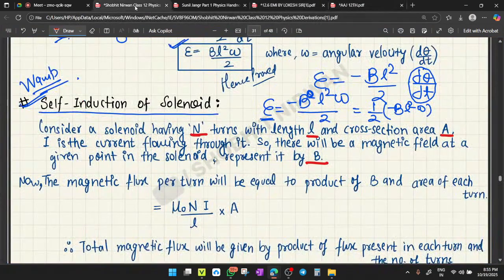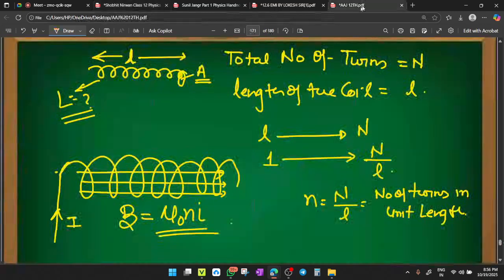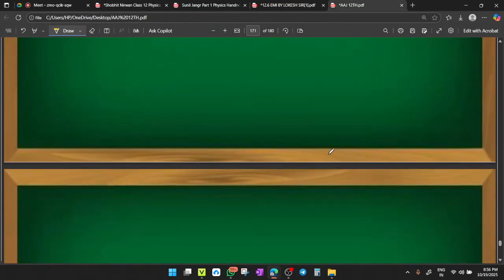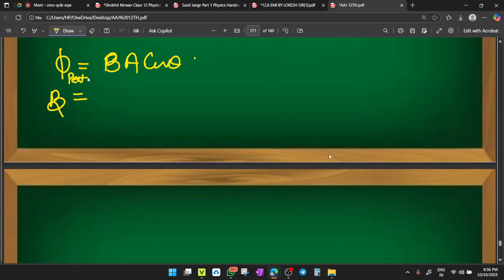So when a parallel magnetic field is there, what is the magnetic flux per turn? You know phi is equals to B A cos theta. So phi is equals to B into A. This is phi per turn, for 1 turn.